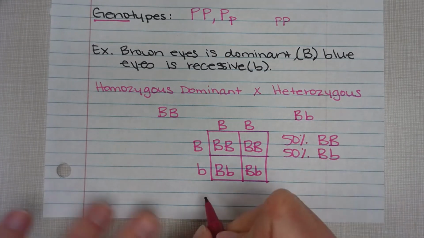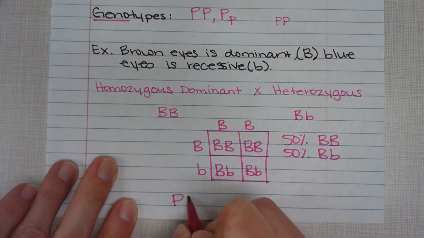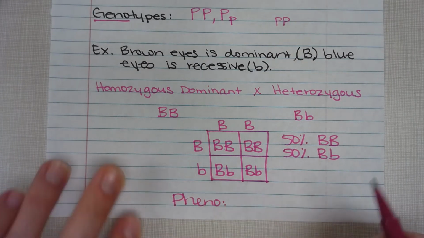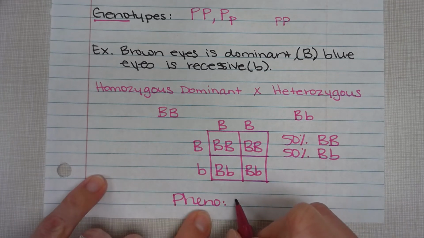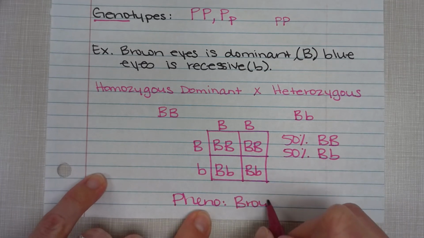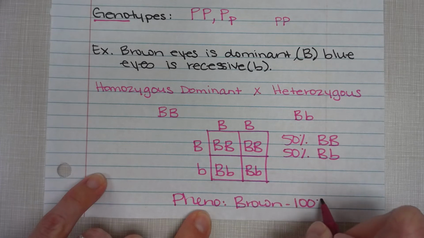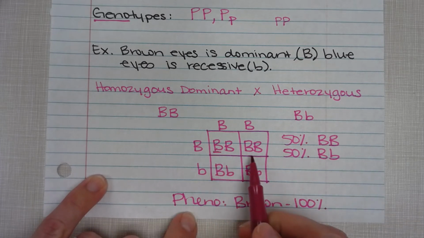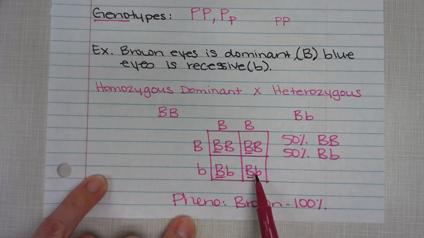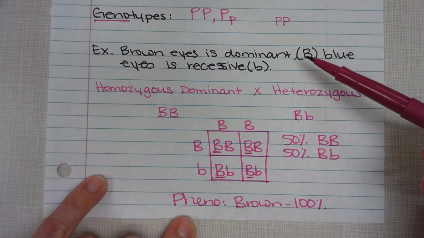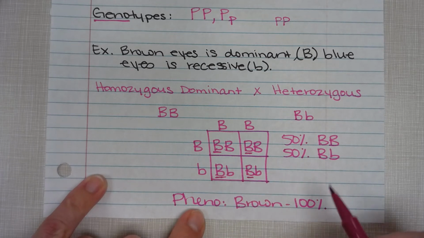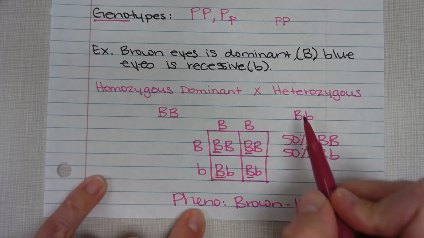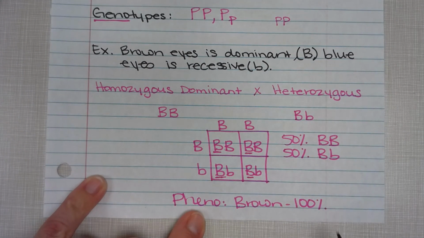Physically, so phenotype, we can say, all of their children would have brown eyes. All of them, 100%. Because all of them would have at least one capital B, one capital letter, one dominant trait. Dominant in this is brown. So they would have no blue-eyed children. The only way to get blue, remember, is to have two little b's.